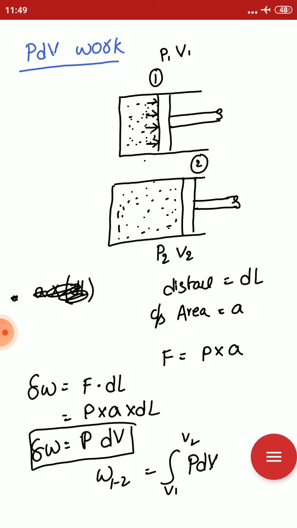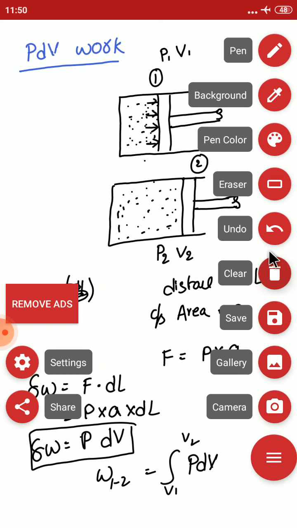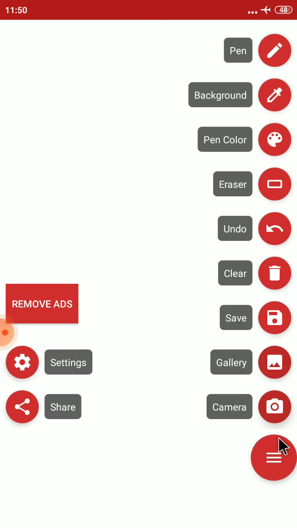This is the PdV work. The magnitude of the work is given by the area under the path.